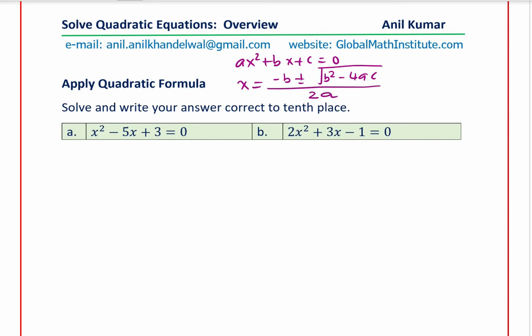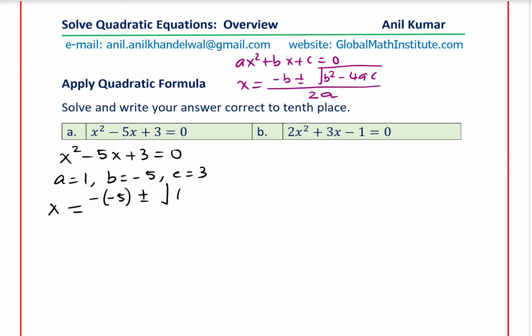Now in our case, we are given the equation which is x squared minus 5x plus 3 equals 0. So clearly, the value of a is equal to 1, b is minus 5, and c is equal to 3. Applying the formula, we get x equals minus of b, that means minus of minus 5, right? Plus minus square root of (minus 5) squared minus 4 times a and c.